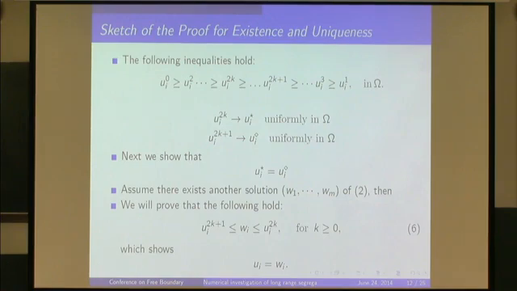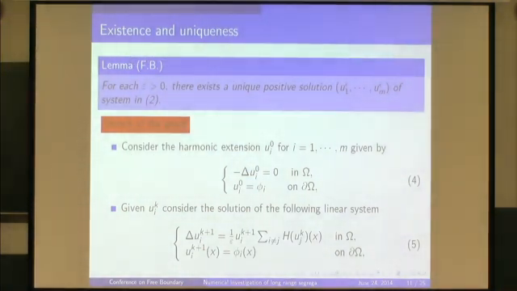Why? Because if I had another solution, W_1 to W_m, of my system, then by induction, again using the maximum principle, it's easy to show that for each k, W_i should be between these two iterates, u_i^{2k} and u_i^{2k+1}, which were obtained by this iterative scheme, like a fixed point argument.